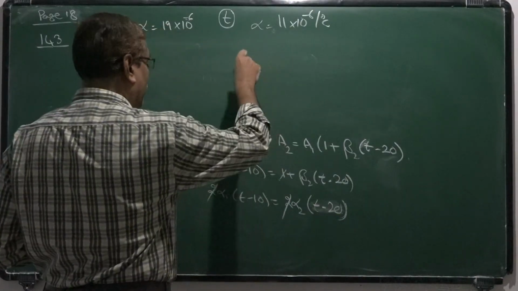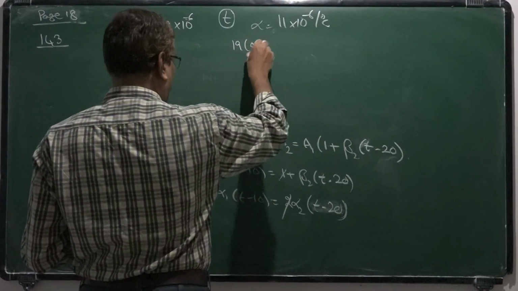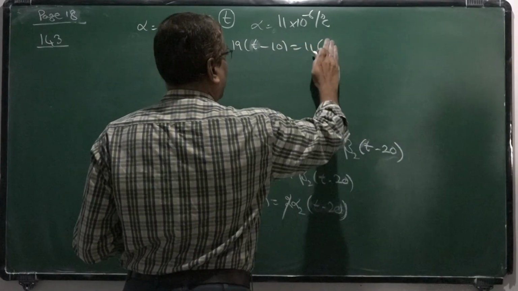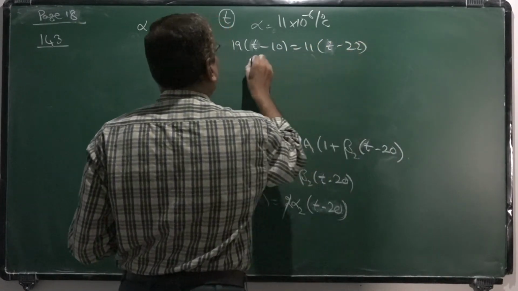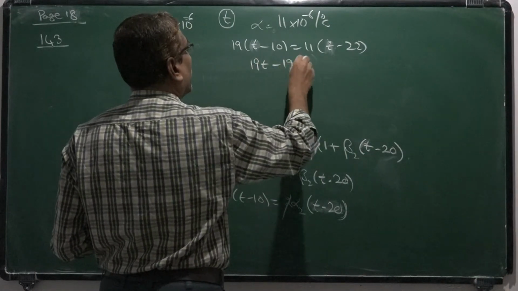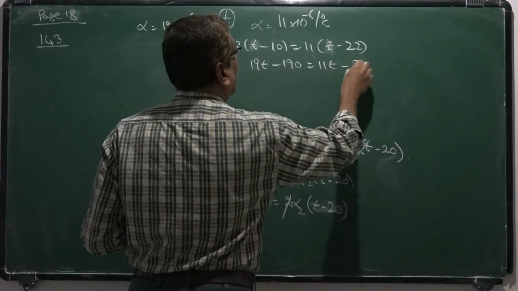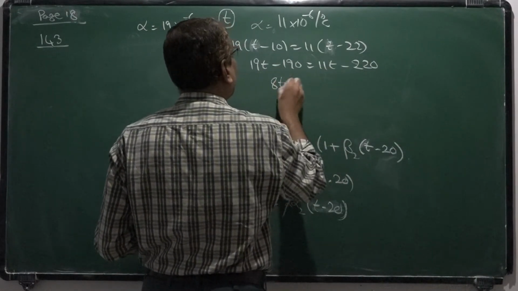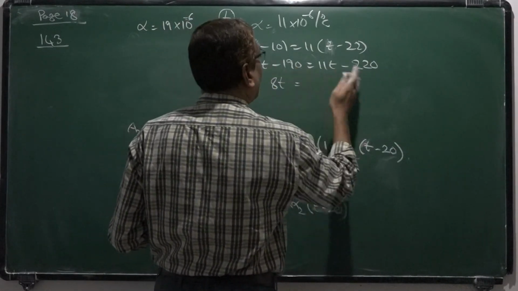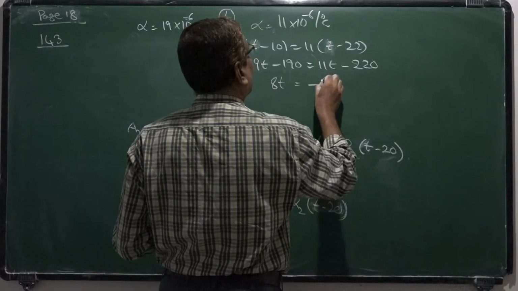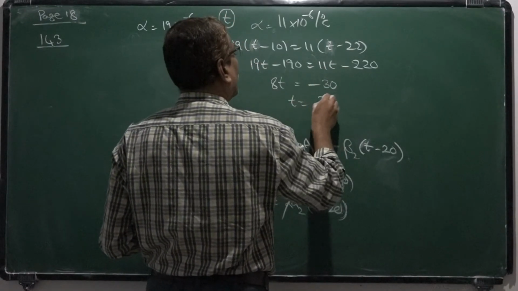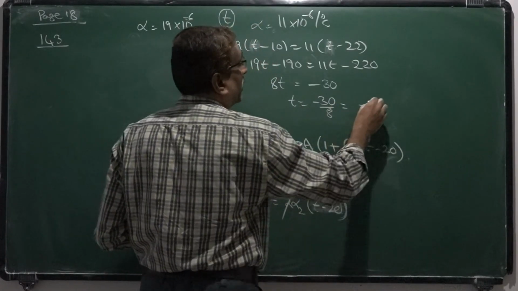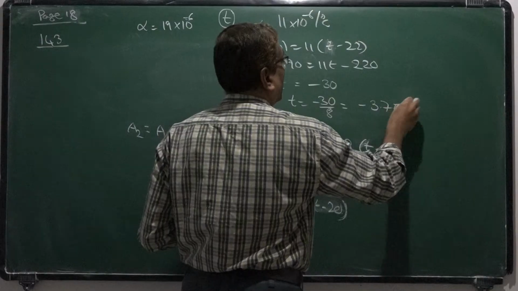Now writing here 19 into (T minus 10) is equal to 11 into (T minus 20). 19T minus 190 equal to 11T minus 220. So 8T is equal to minus 30. So T equal to minus 30 by 8, that is minus 3.75.